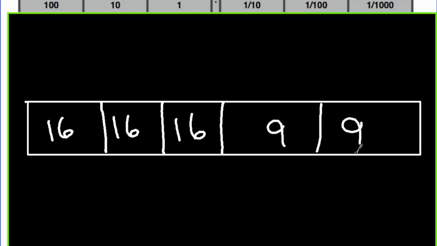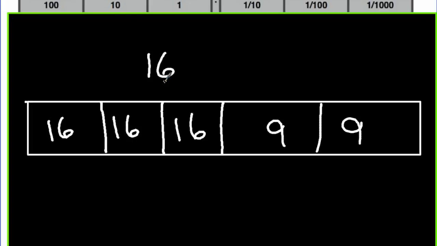How would I write that as an expression? Okay, go for it. 16 times 2. Hold on. You've got to keep it with what the problem says. See, it says the sum of 3 16s and 2 9s. So what am I going to do with my 16s?